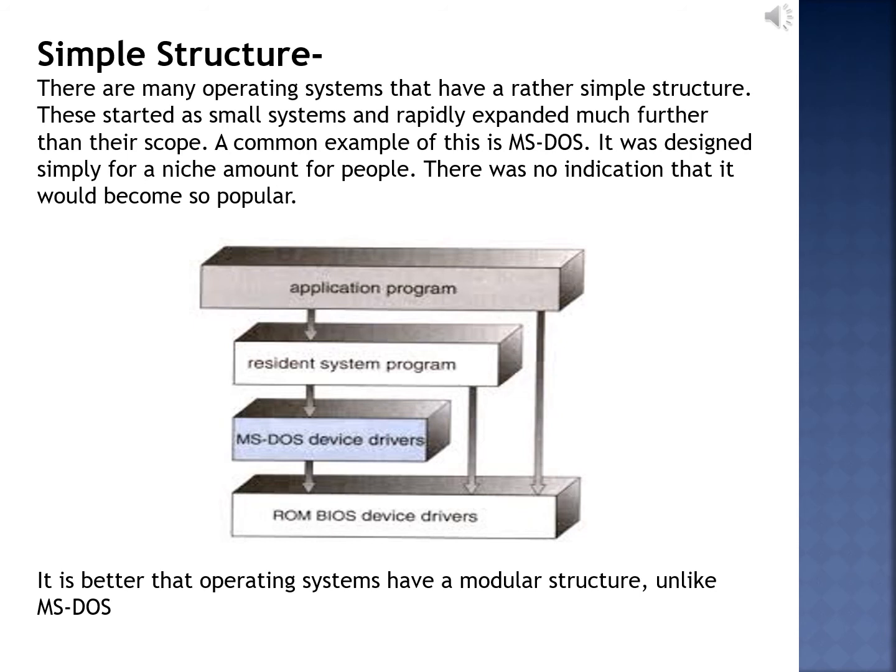It was designed simply for a niche amount of people. There was no indication that it would become so popular. An image to illustrate the structure of MS-DOS is as follows. It is better that an operating system have a modular structure, unlike MS-DOS.